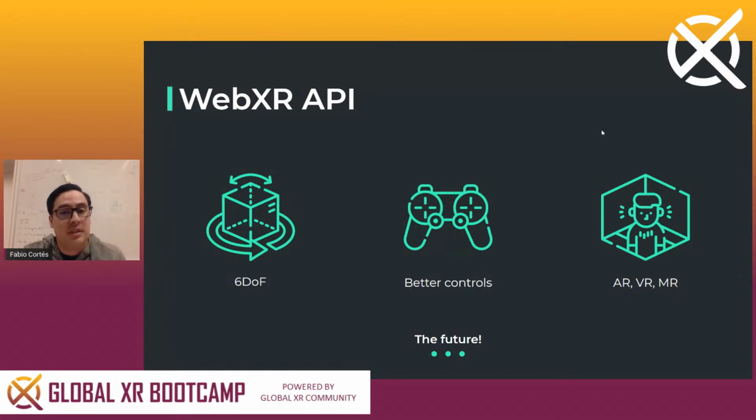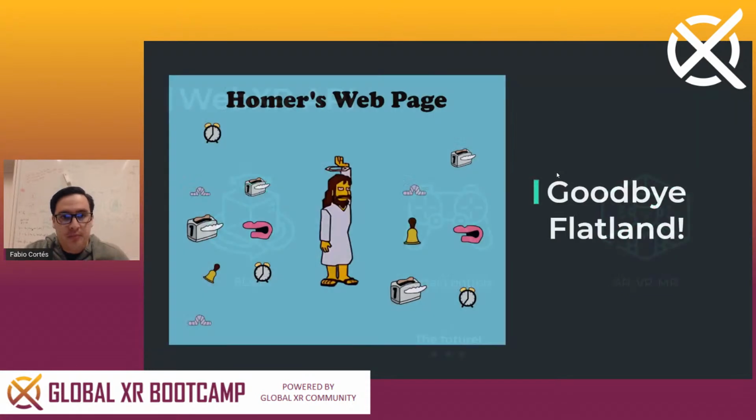And one of the most important and one of my favorite features is that you can have the same code based on the same API for an experience based on augmented reality or virtual or mixed reality. And this is one of the most amazing improvements that we have had with the launching of WebXR API.